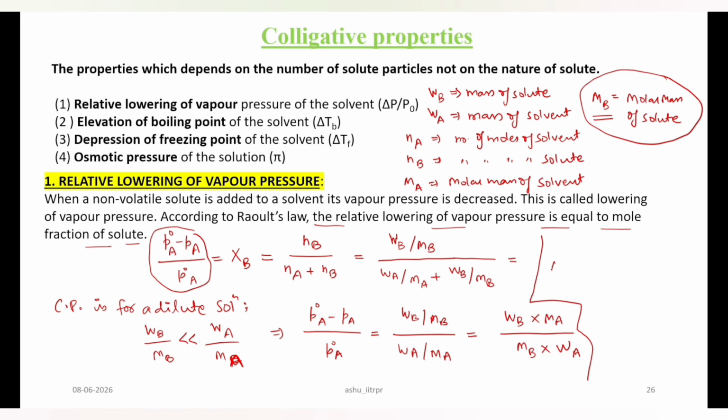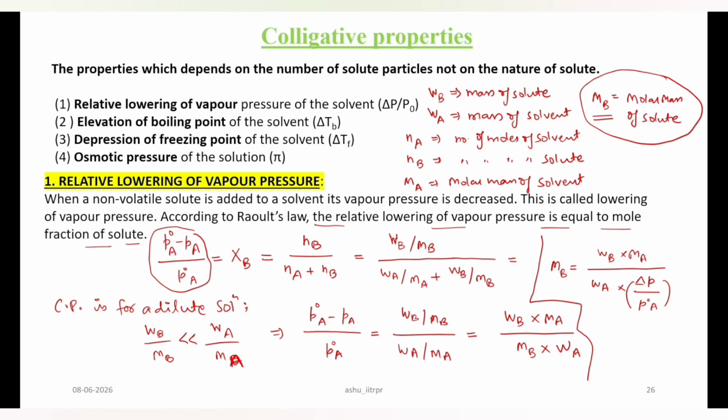The expression we get is MB is equal to WB into MA divided by WA, and this entire value in the denominator. Now P naught A minus PA, I am writing as delta P. So delta P divided by P naught. This is the final expression that we have for this colligative property.